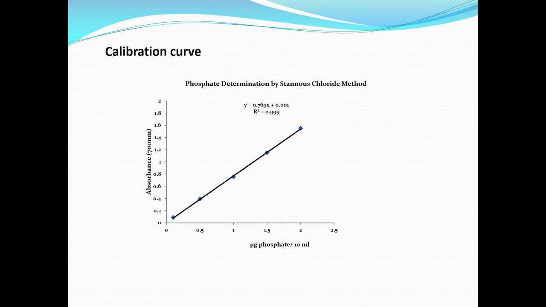So, same thing, but to our dismay we found that for phosphate there is certain amount of interference which we could not remove, that is arsenic.